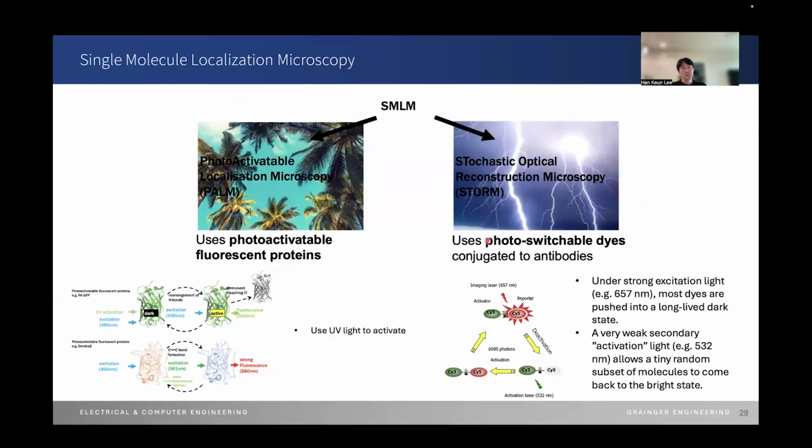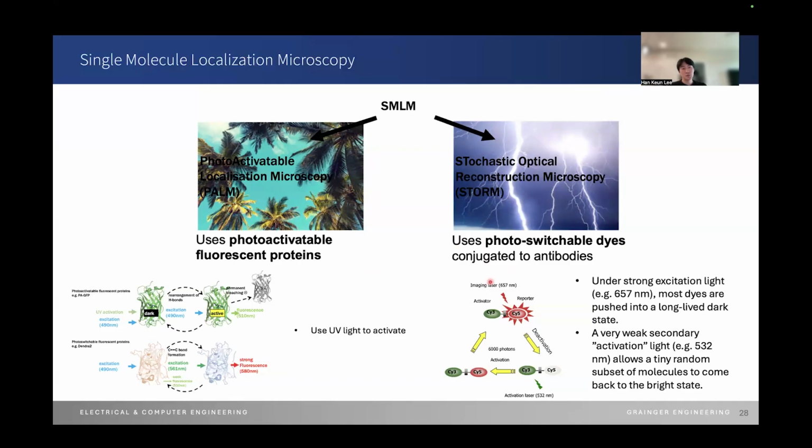Using this phenomenon, there are two major methods. One is photoactivated localization microscopy, which we call PALM, and also stochastic optical reconstruction microscopy, which we call STORM. The concept is the same.